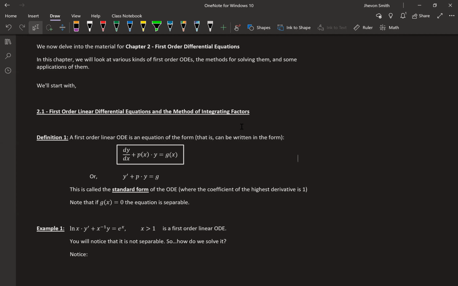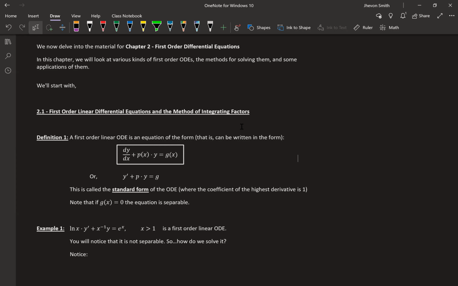You can also notice that the population model I just spoke about can be thought of in this form, but because your g was a constant, and p of x was also a constant, we were able to separate the variables. We can't always do that. In general, this is not going to be separable if your g of x is not 0 and your p of x is a variable function.